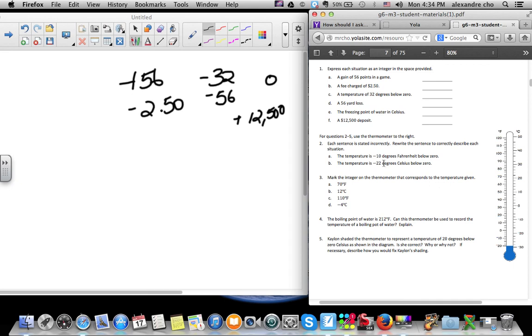So easy, very easy today, very simple. Let me just go back to 2 for a couple of seconds and see if I can figure it out. Each sentence is stated incorrectly. Rewrite the sentence to correctly describe each situation. Temperature is negative 10 degrees Fahrenheit below 0. Temperature is negative 22 degrees Celsius below 0. What am I missing here?